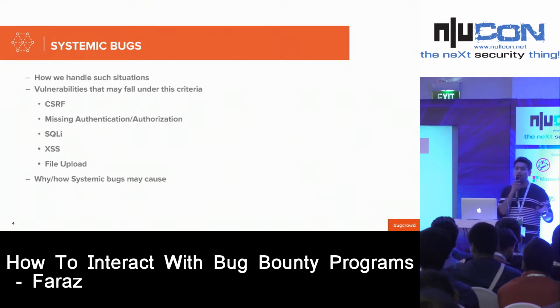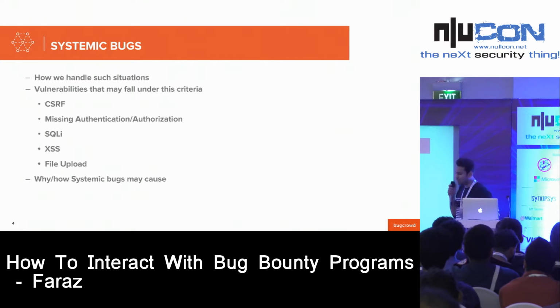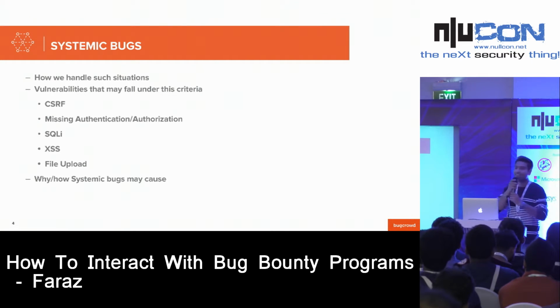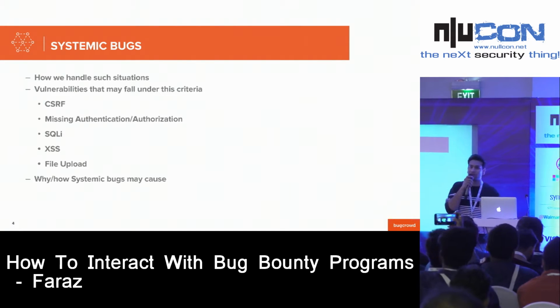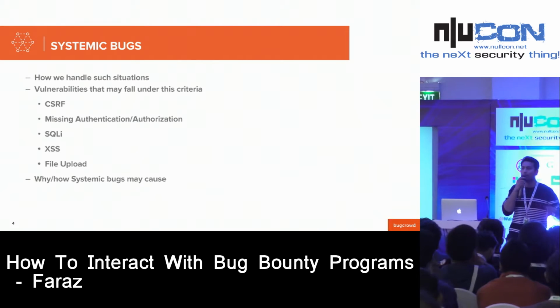Let's say a client started his program over any of the platforms, and we started getting IDORs or XSS. It's like 10 IDORs, then 20, it goes to 50, and in each and every request there is an IDOR. We feel like, okay, the programmer may not have known there is something like IDOR, or he forgot to place the protection.